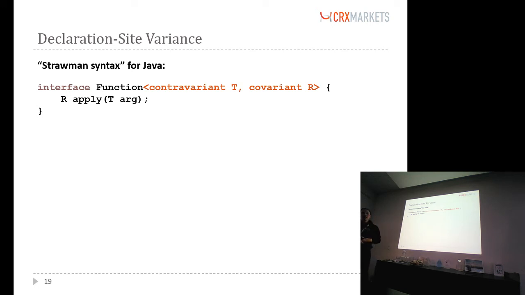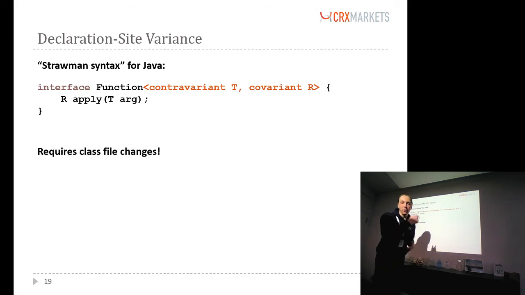But still, yeah, after completion. So it's fine. Well, this is a little bit academic for me. I think they should stick to in and out like in Kotlin, but whatever. The main thing is that this feature would appear in the language, that would be great. But this requires class file changes. So this requires that you describe these features in the bytecode. So this wouldn't be backwards compatible probably.